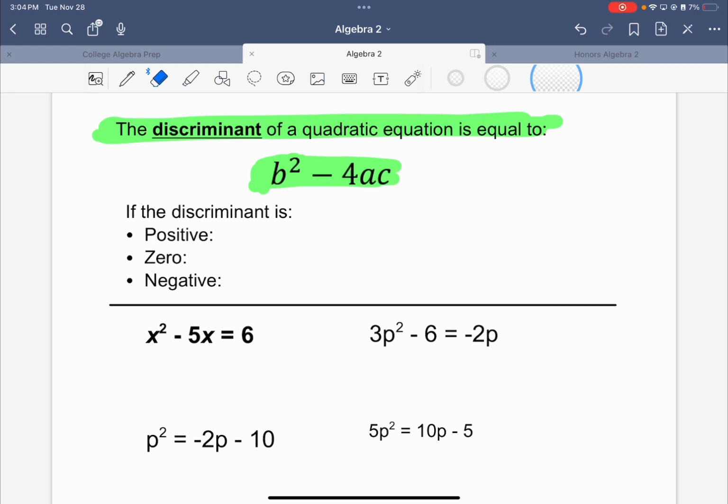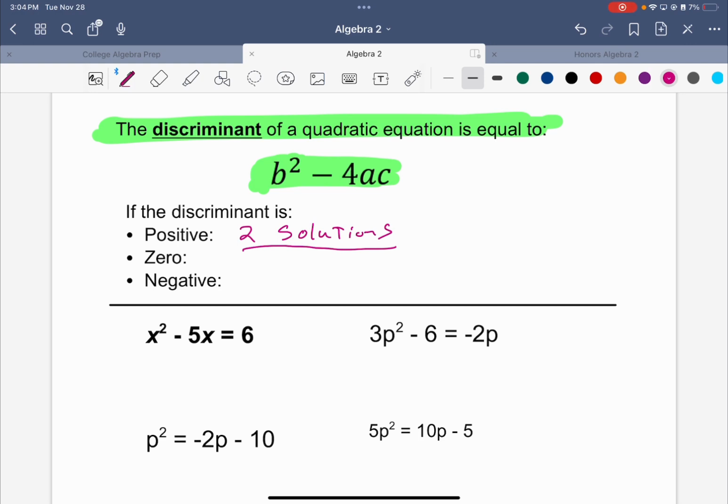Okay? So b squared minus 4ac is considered to be the discriminant. If the discriminant is positive, meaning you put in the b squared minus 4ac and you get a positive number, there are 2 solutions to your equation. Okay, so if what is underneath that square root is positive, you're going to have 2 solutions.